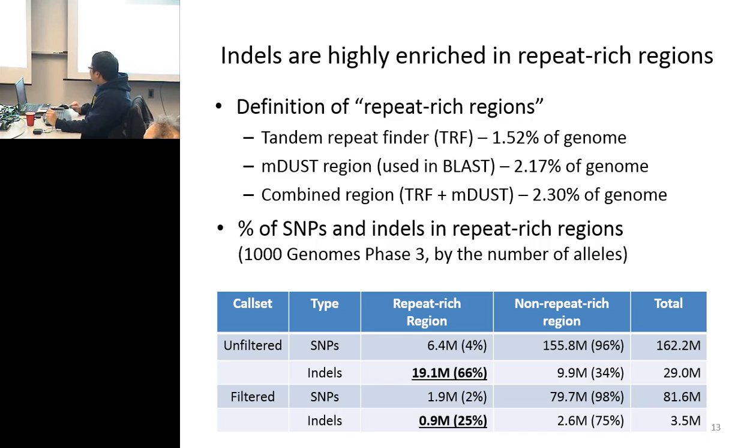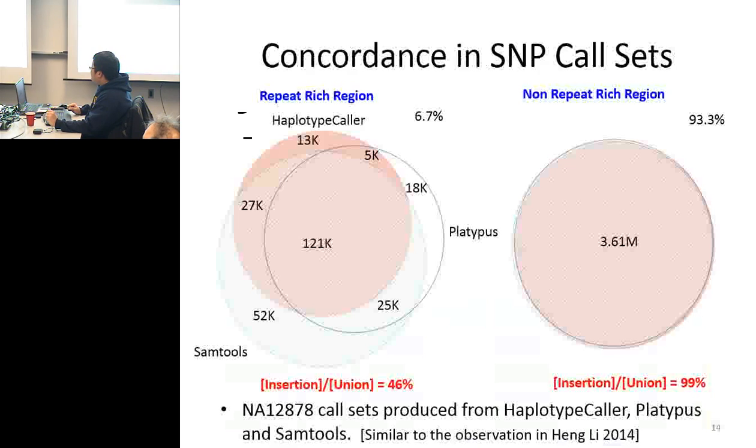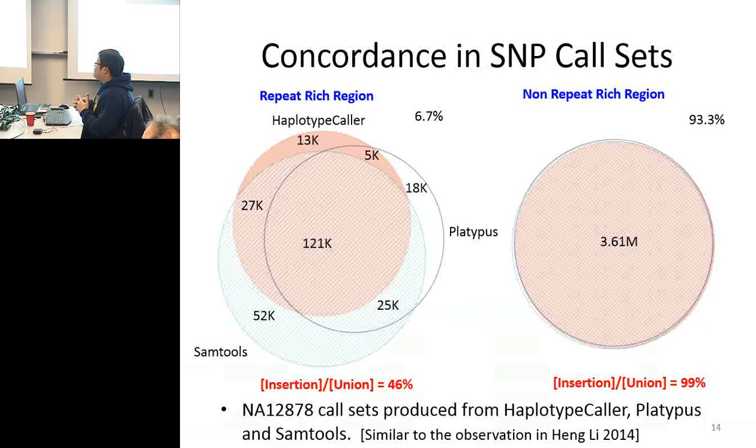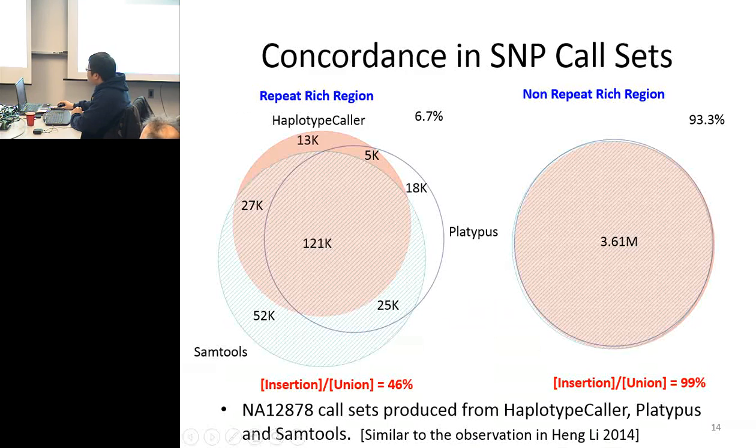This is the impact on concordance between call sets. It's a slightly involved slide, but I'll go through it. The left side is the Venn diagram for a repeat-rich region, for SNPs, and I compared it between three callers: HaplotypeCaller, SAMtools, and Platypus.